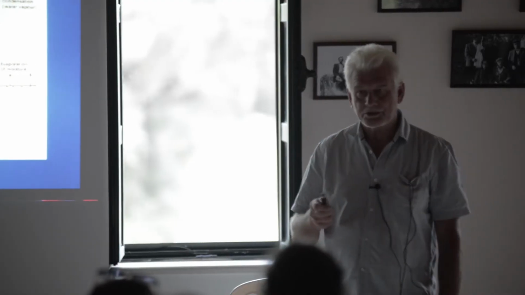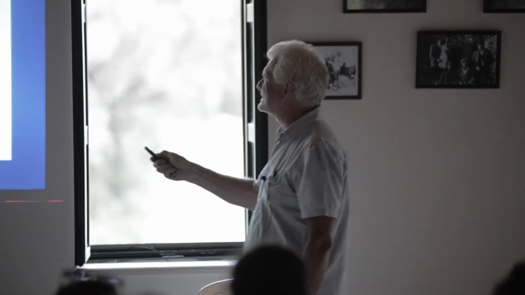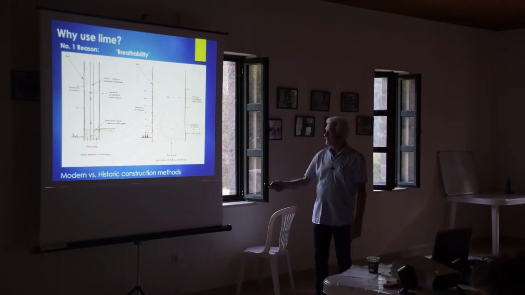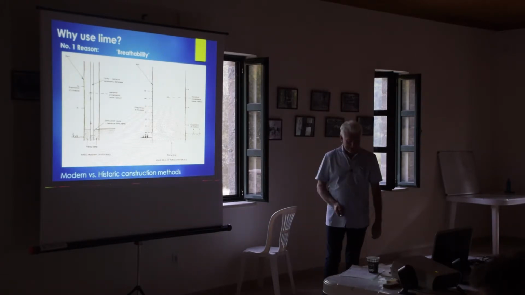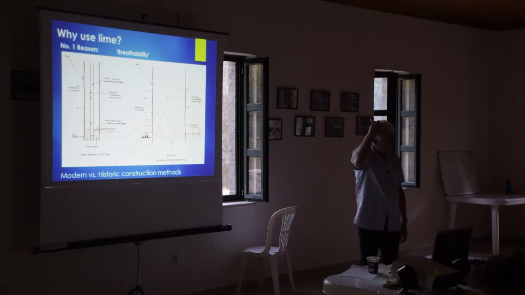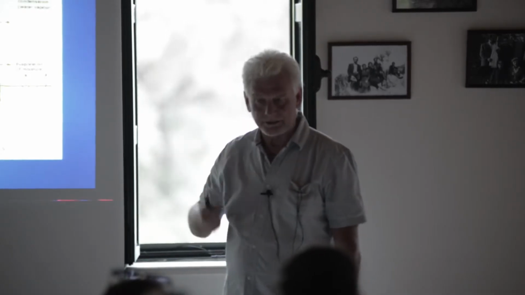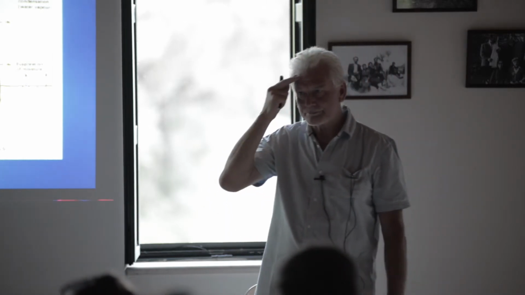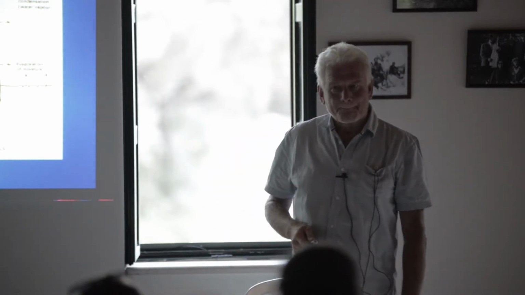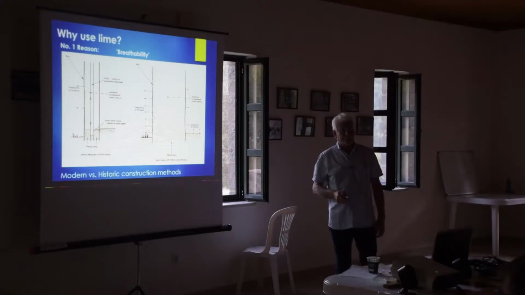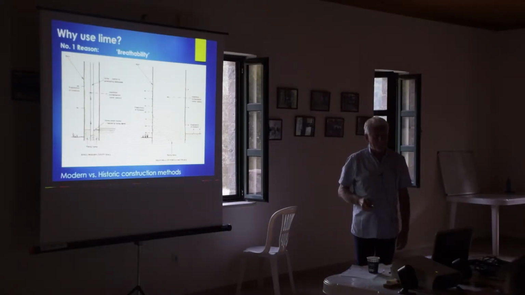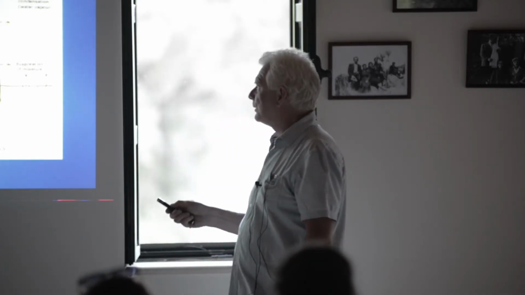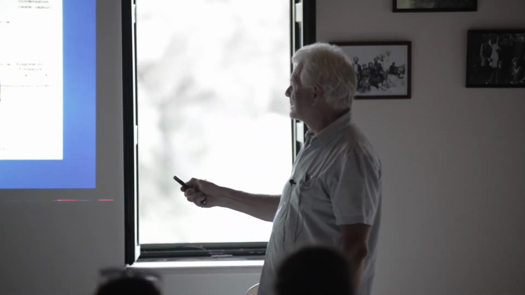Okay? What would happen in a situation like this? On this external wall, if I take off all the render and I decide to repair it using cement, what will happen? Exactly.